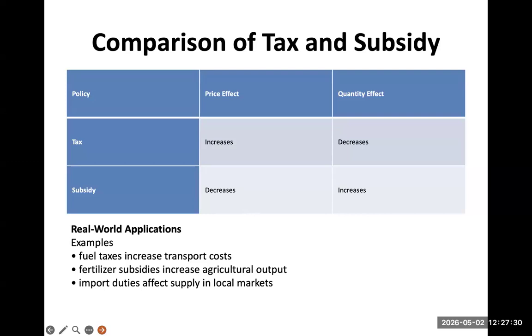Import duties affect supply in the market. Whenever import duties increase, it reduces the quantity in the market because of the imposition of the import duties.